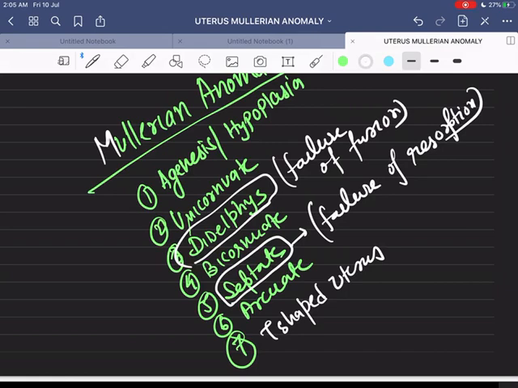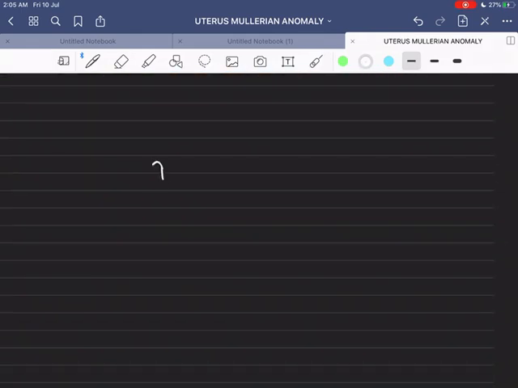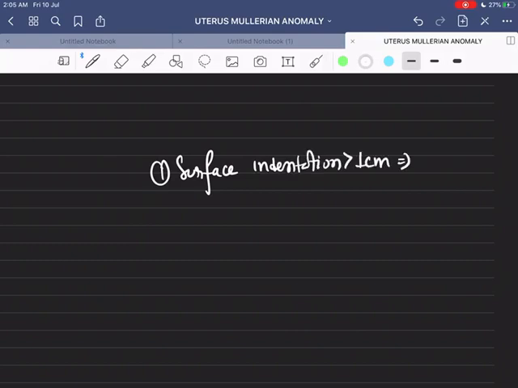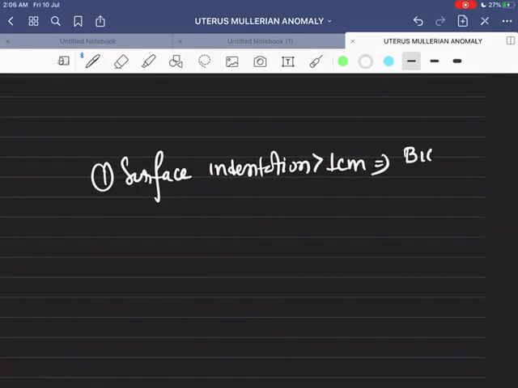In a simple and short gist, we can remember it like this. If the surface indentation is greater than 1 centimeter, then we call it bicornuate.